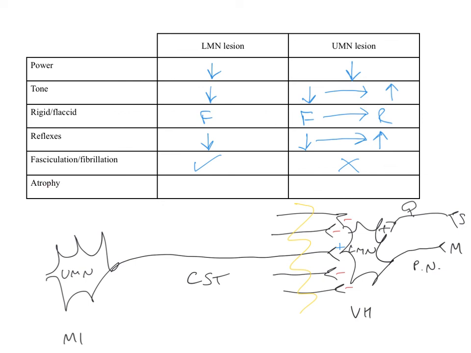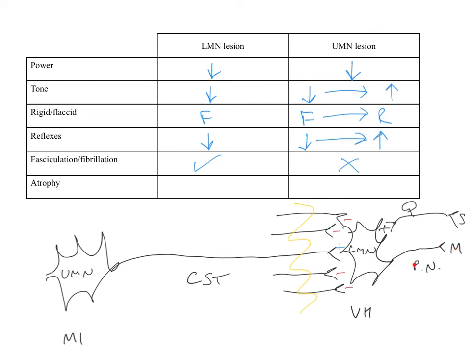Finally, let's consider atrophy, which is where the muscles which are supplied may decrease in size. And this can be caused by a number of mechanisms. In the case of a lower motor neuron lesion, we get marked atrophy, because normally the lower motor neuron delivers a whole load of growth factors and other substances to the muscle fibre along its axon.